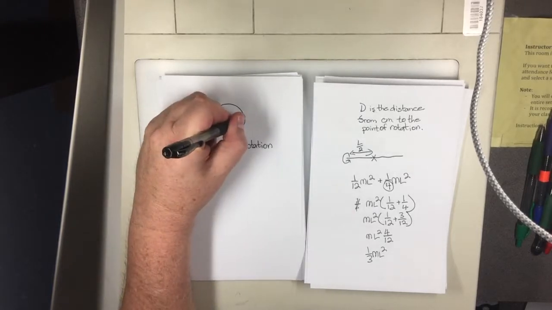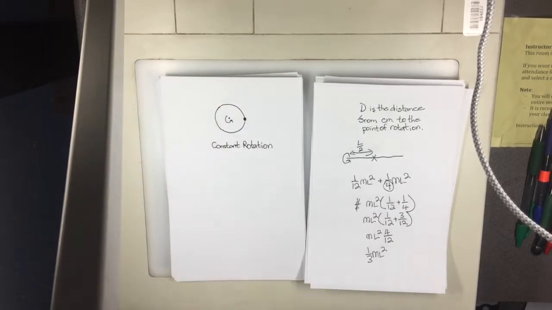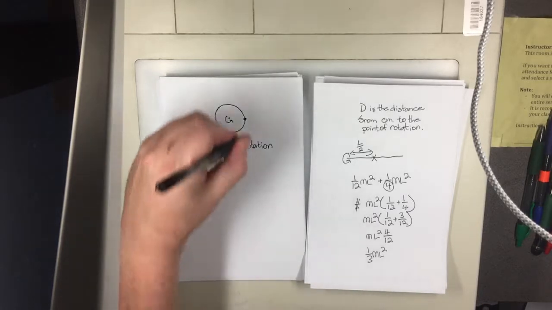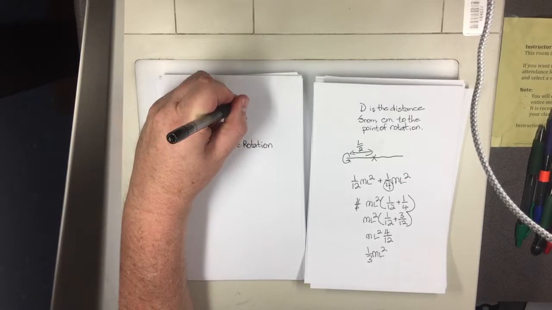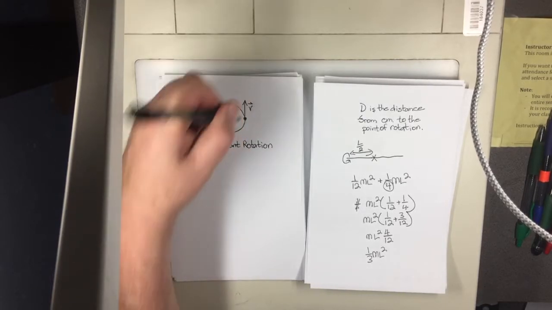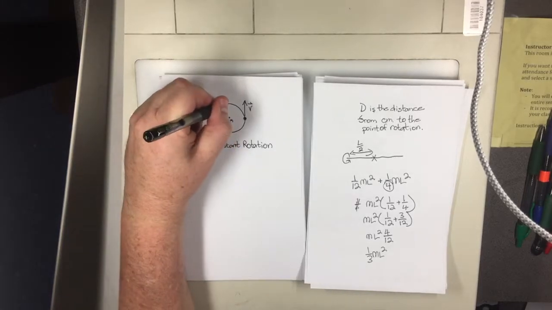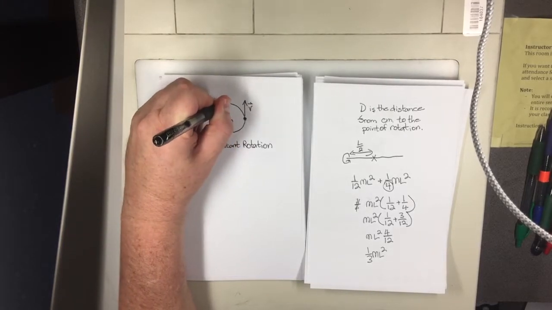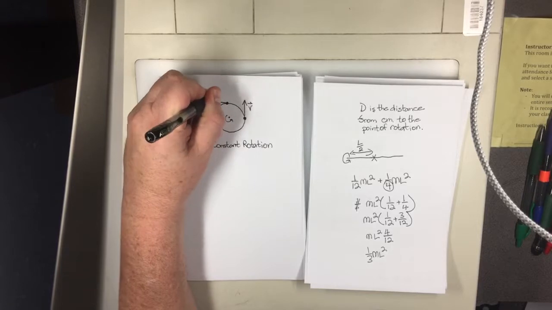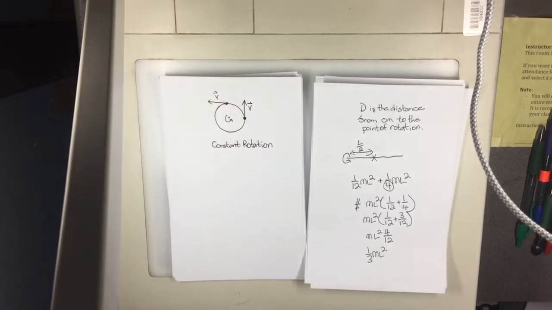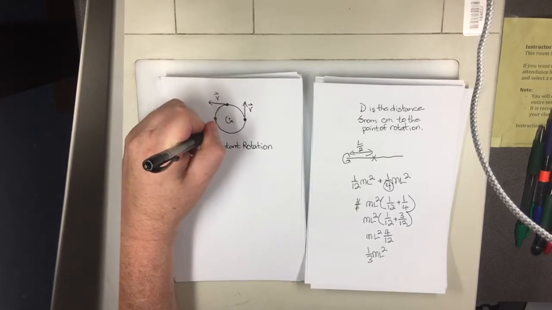If I was to say, what is the velocity of a point at the edge of the disk at that location, the velocity vector looks like that. If I said, what is the velocity vector for a point out there? It looks like that. And so on.